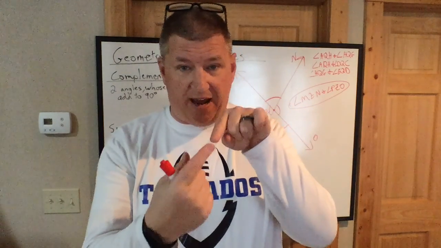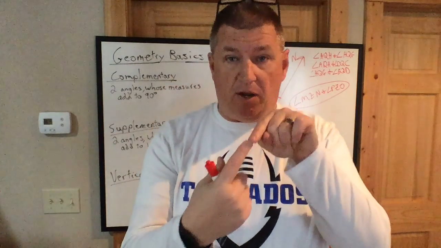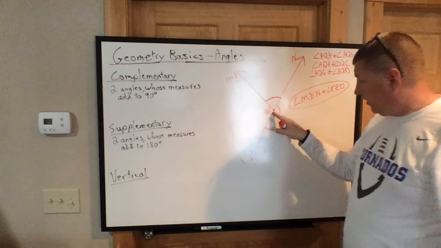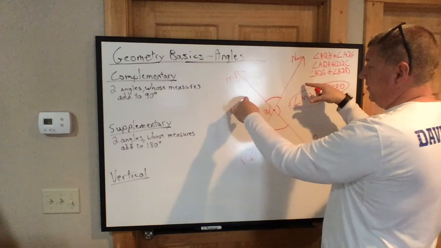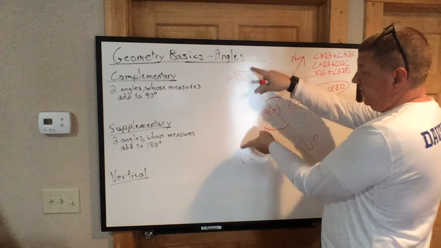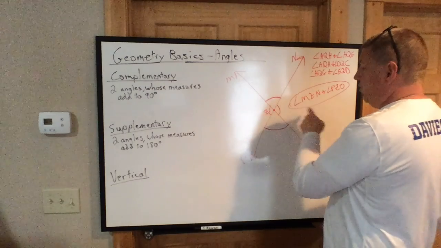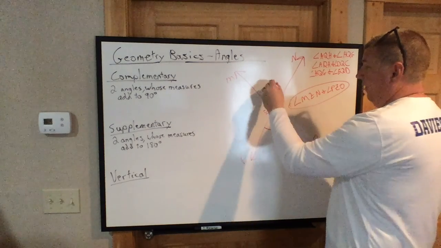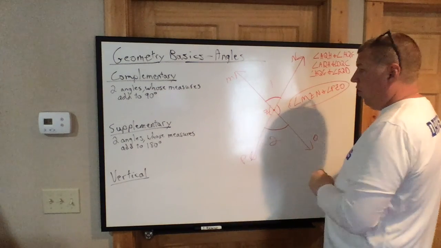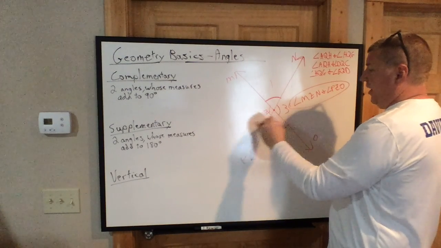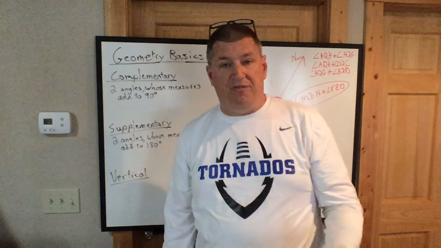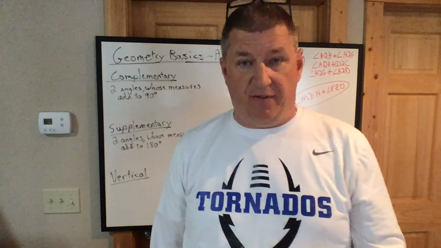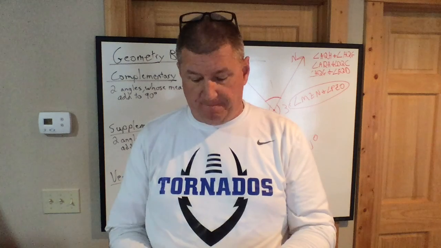They're working off that same axis in the middle, which is what my vertex is right here in the center. As this widens, this one widens. And as this widens, this one would narrow. These two angles, angle 1 and angle 2, are vertical angles, and angle 3 and angle 4 are vertical angles. And if they're vertical angles, they have to be congruent to each other. They have to have an equal measure.